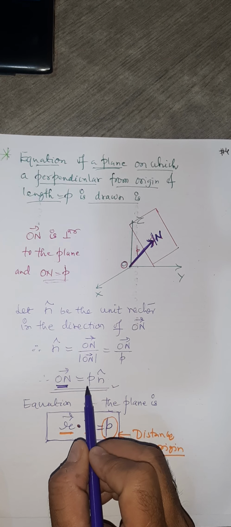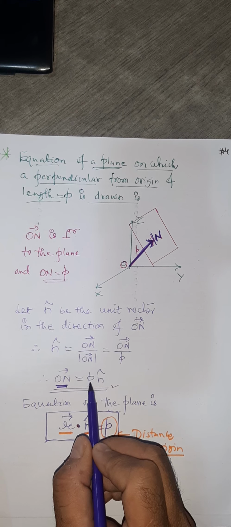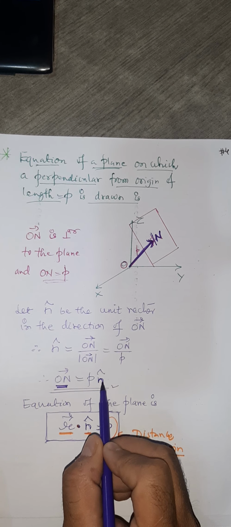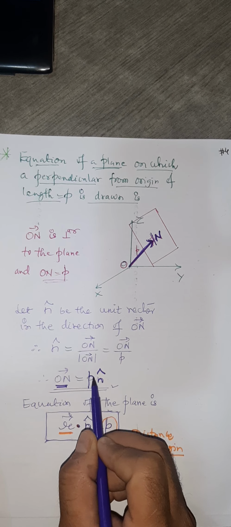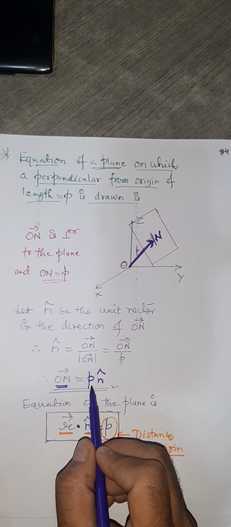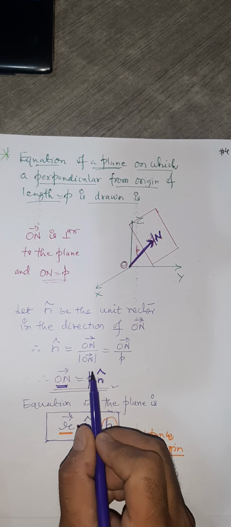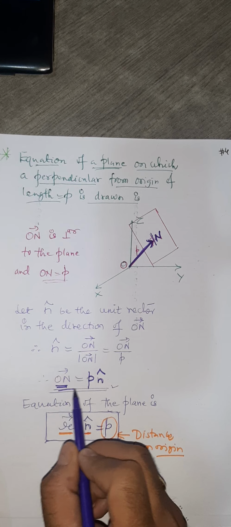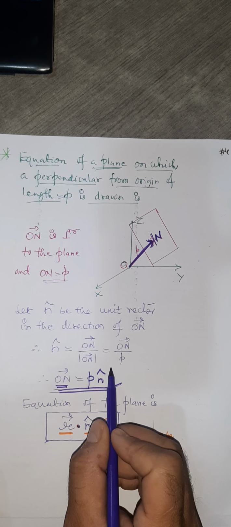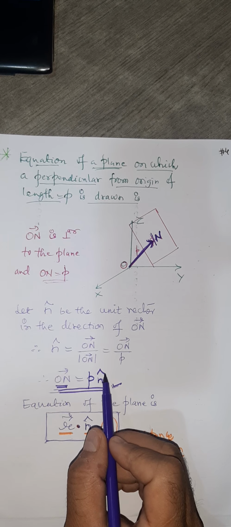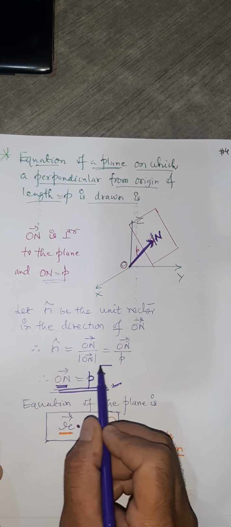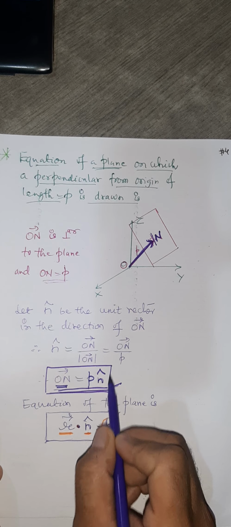Now what is vector ON? That is small p into n cap. What's small p? Perpendicular distance from the origin. This is a scalar product. This is a scalar and this is a unit vector. So we need to find this. In all the next 4 sub-questions, you are going to do this.